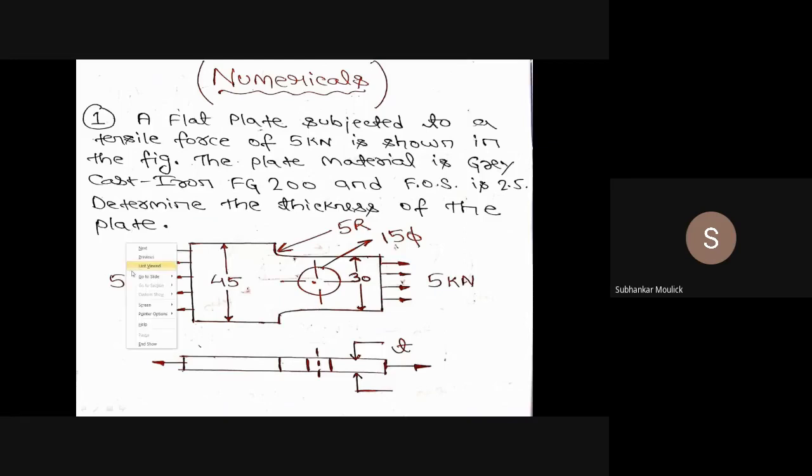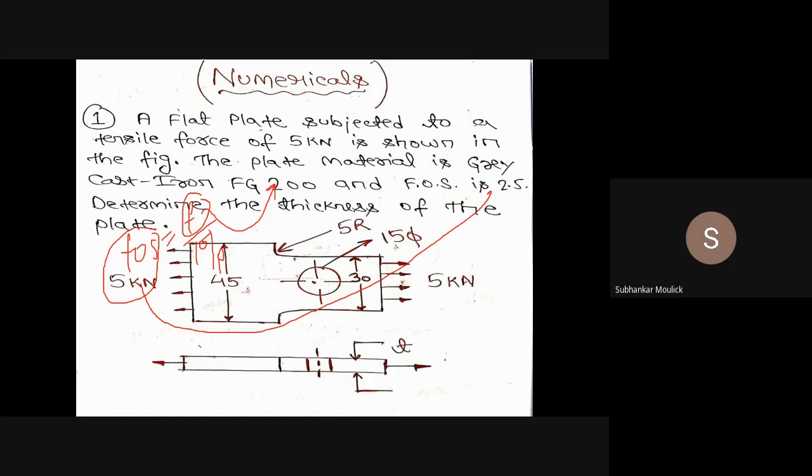How can we calculate it? We know that factor of safety, that is FOS, is nothing but failure stress divided by allowable stress or permissible stress. In this problem, failure stress is nothing but SUT, that is 200 Newton per millimeter square. Factor of safety is given to you in the problem, that is 2.5.